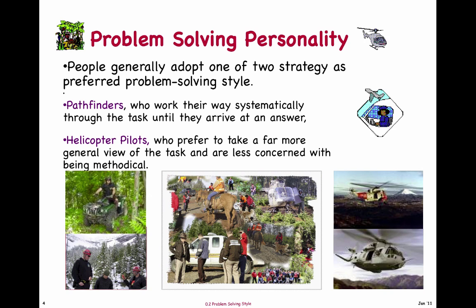And then there's the second search party that involves taking an aerial view of the land. We call them helicopter pilots. They're going to scan the terrain and they're not going to be able to see the details, but they'll be able to cover more ground than the pathfinders.